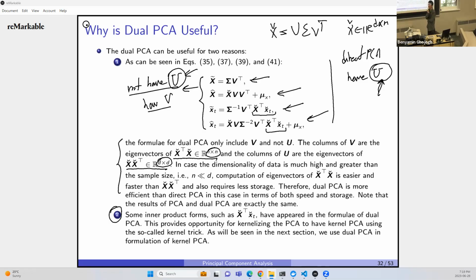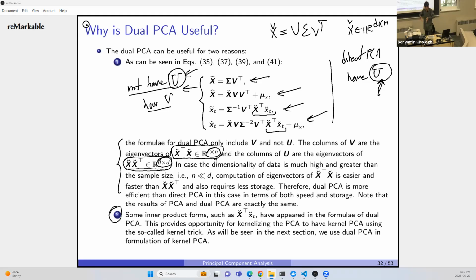Okay. If I have huge dimensionality, what happens? If D is much greater than N, X back hat X back hat transpose is a huge matrix, while X back hat transpose X back hat, which is N by N, is small.